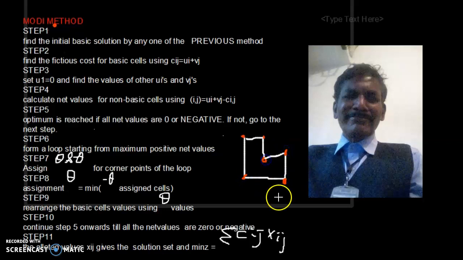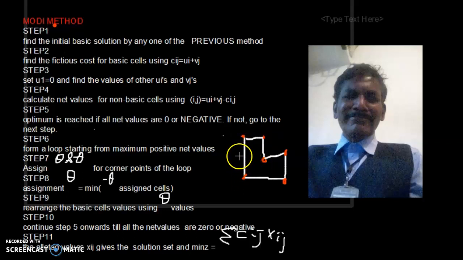These corner points must be basic cells. That's one condition. The second condition is that it has to go row wise or column wise. And it should not cross.